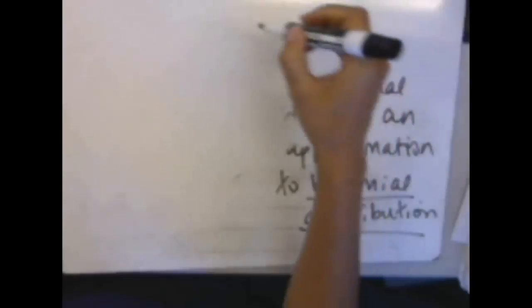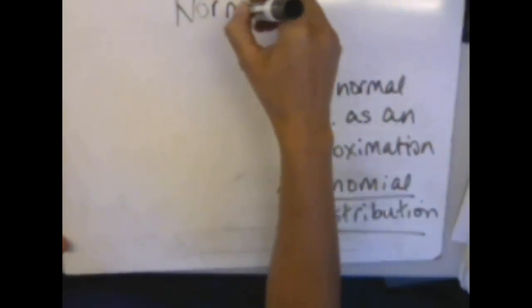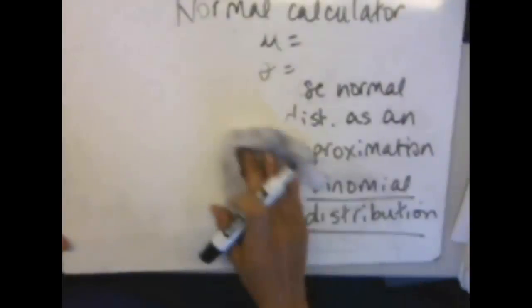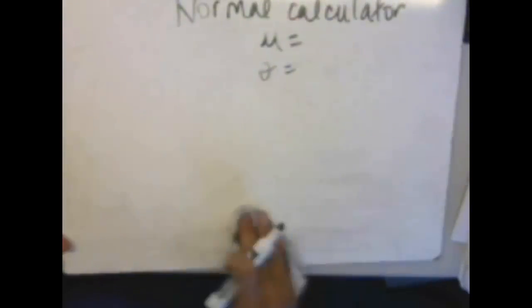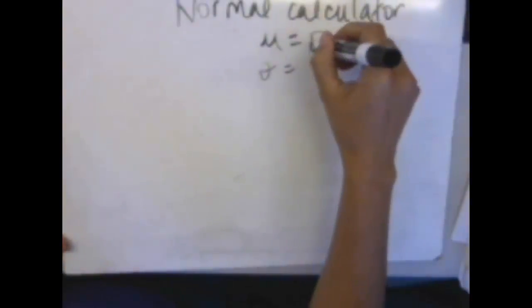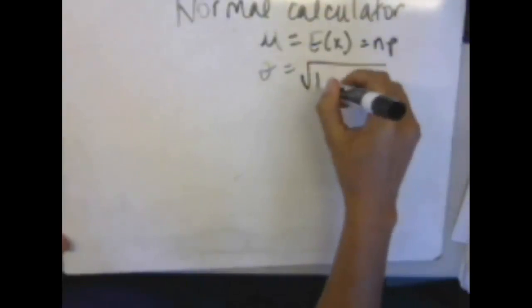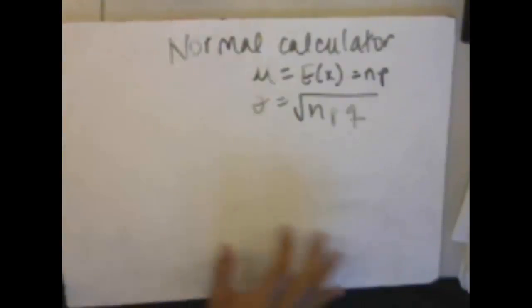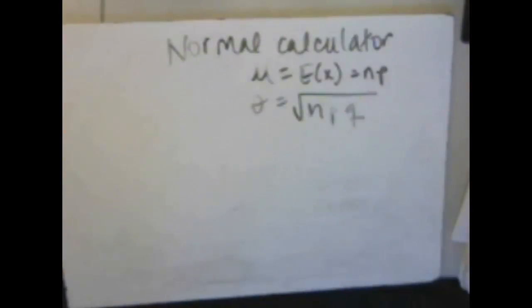And when you do that, you can now use the normal calculator, and the normal calculator requires that you have some mean and standard deviation. In this case, our mean is our expected value, np, and our standard deviation is the square root of npq. Okay, so let's compare our binomial to our normal approximation here.